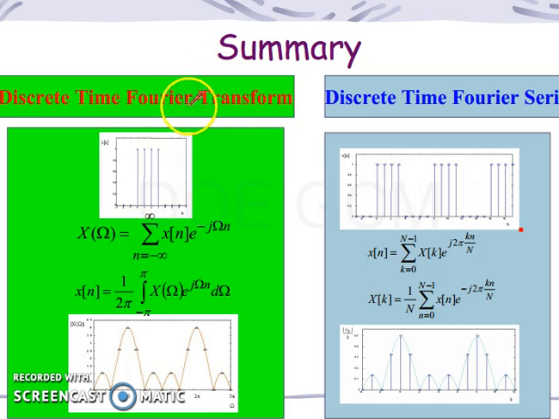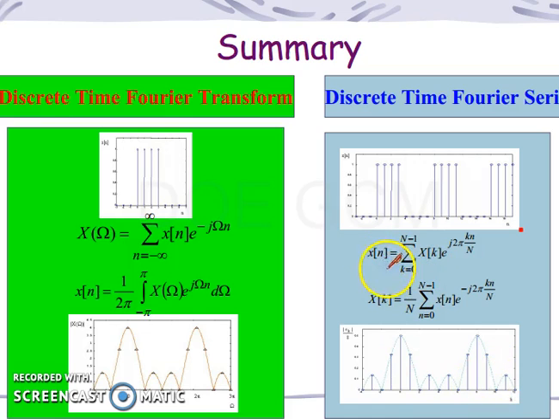One is the discrete time Fourier transform and the other is the discrete time Fourier series. In the case of the discrete time Fourier series, the signal is periodic and discrete. We obtain a periodic and discrete spectrum in the frequency domain.